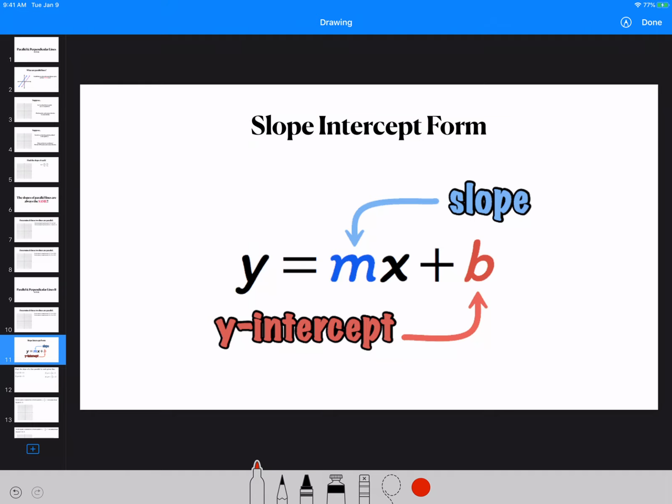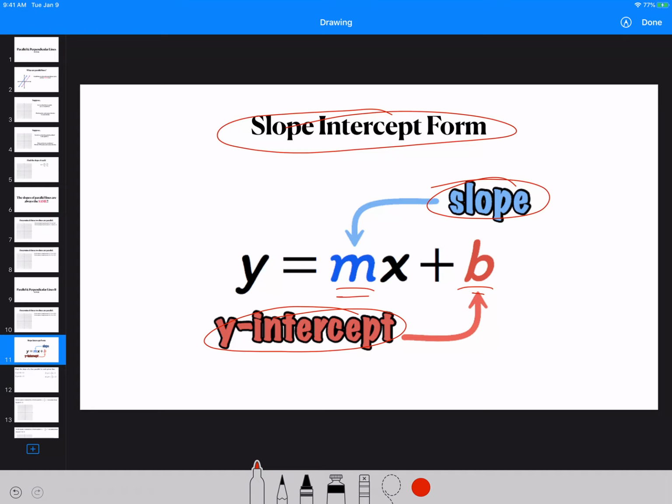So today what we're going to jump into is something called slope-intercept form, and I need all of you to understand what the m value is and what the b value is and what they represent. The m value represents slope, and the b value represents what we call a y-intercept. A slope is something that we have been talking about. It's the rise over run.